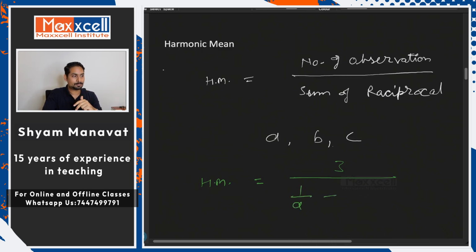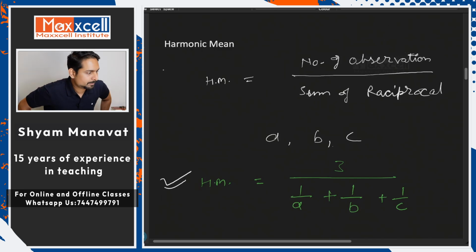Reciprocal means 1 upon. So 1 upon A, 1 upon B and 1 upon C. Sum of reciprocals, right? This is the formula of harmonic mean. Is that clear? Note this part.